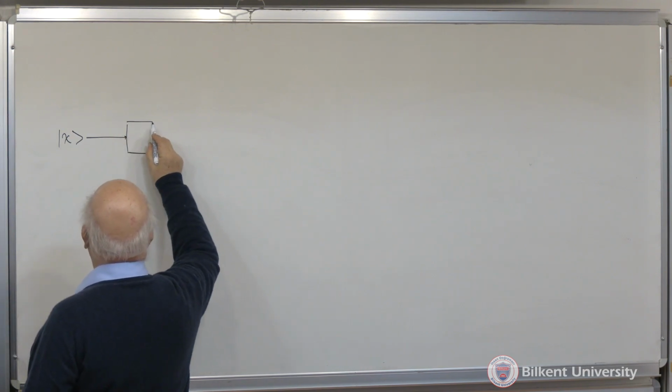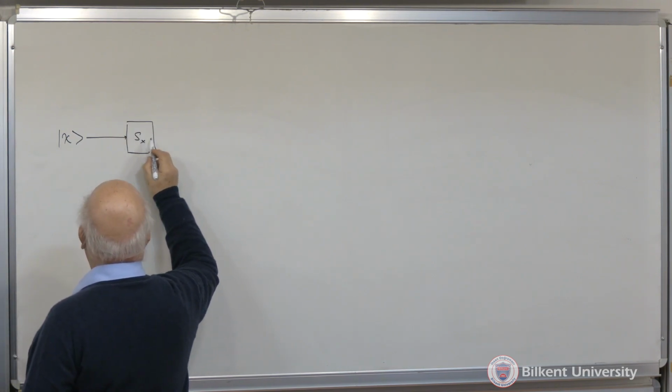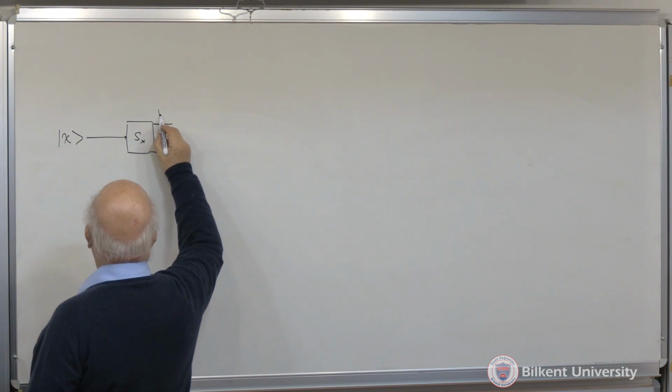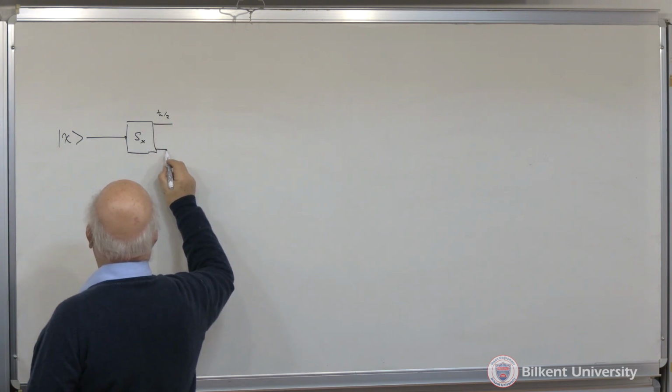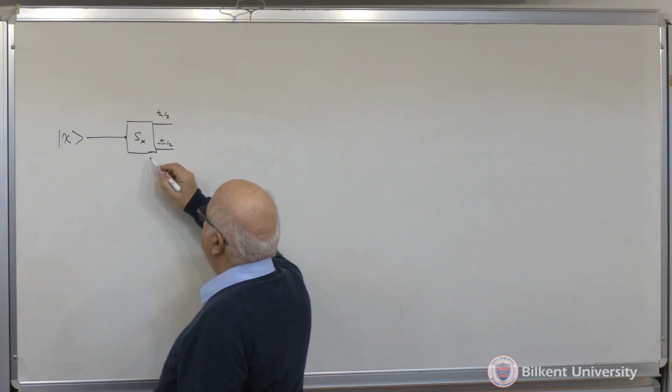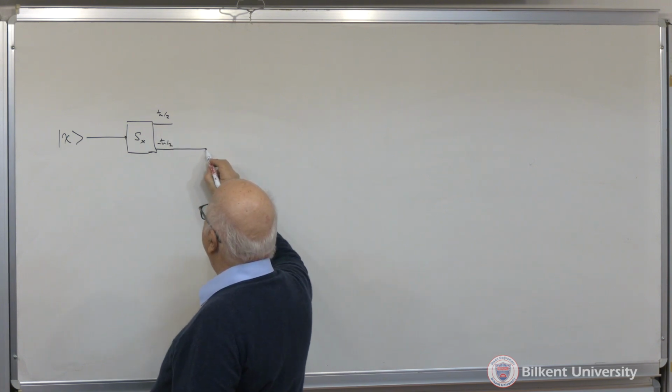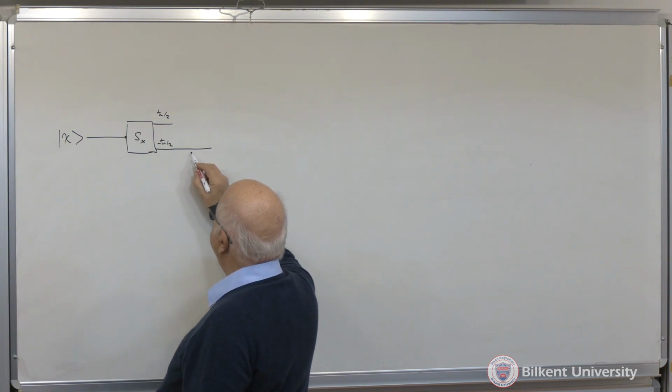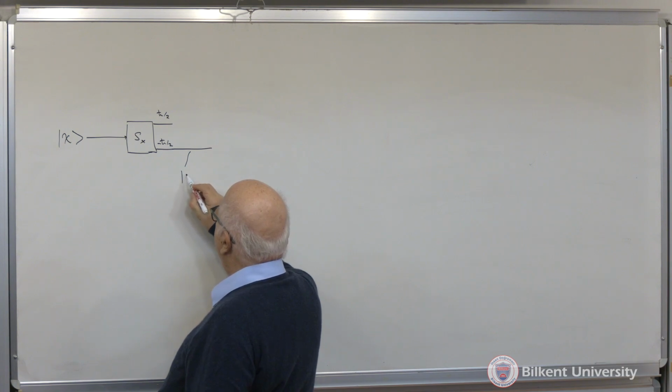Let's do an x measurement. Here comes plus h bar over 2. Here comes minus h bar over 2. Now let me choose one of these things. Let me choose this minus h bar over 2 part. So this now is in the state of down x.